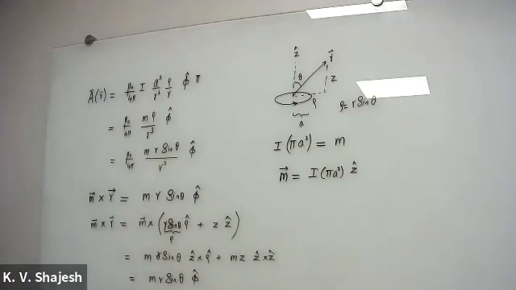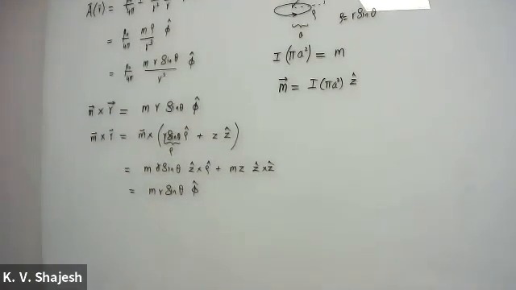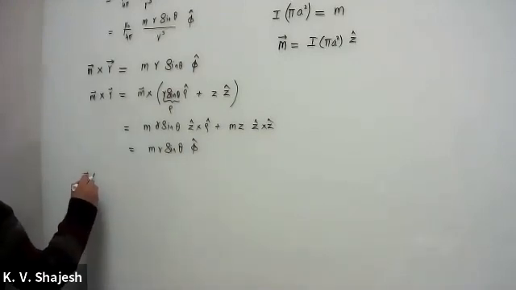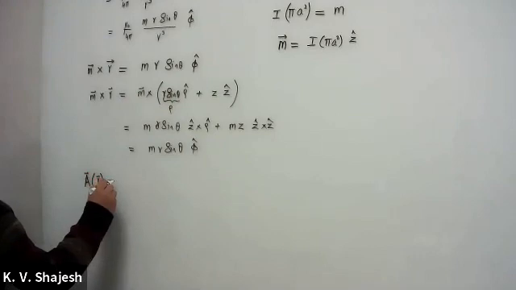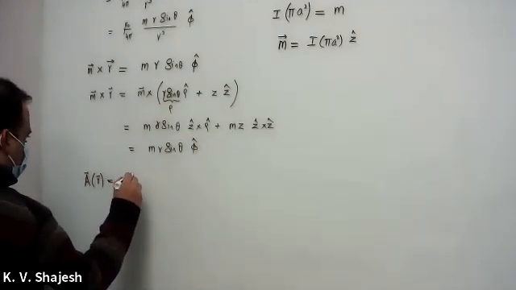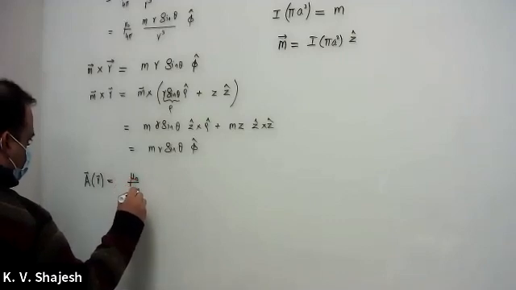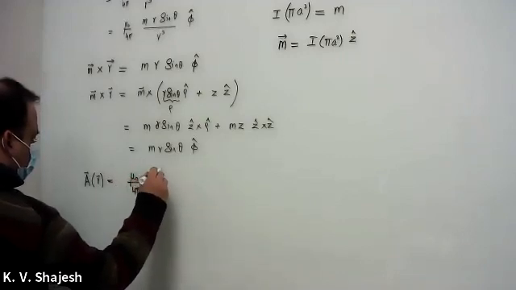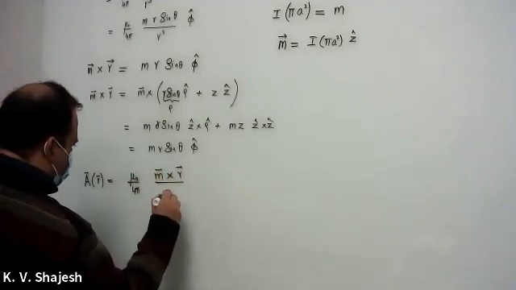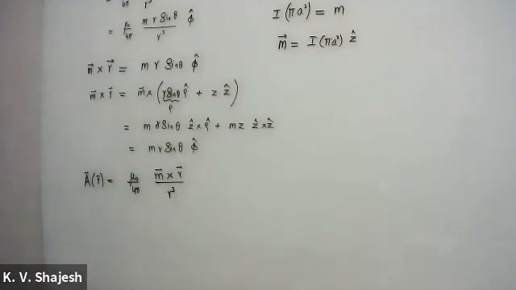Okay, so all that tells us that there is a neat little simple expression for the magnetic vector potential, and that is mu naught over 4 pi times M crossed with R over R cubed. And of course, its direction is in the phi hat direction.